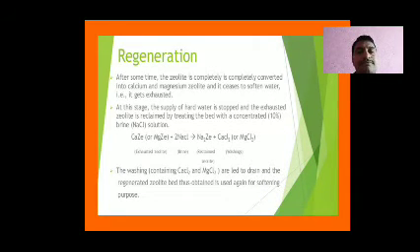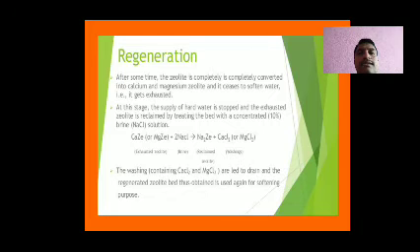Regeneration of permutit. The exhausted permutit is regenerated by adding brine solution, a 10% NaCl solution. After regeneration, the permutit is washed with a little water and the washings are thrown away from the container.